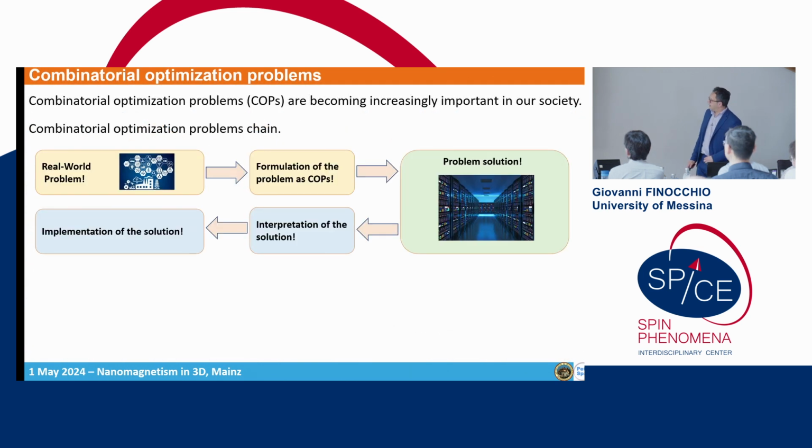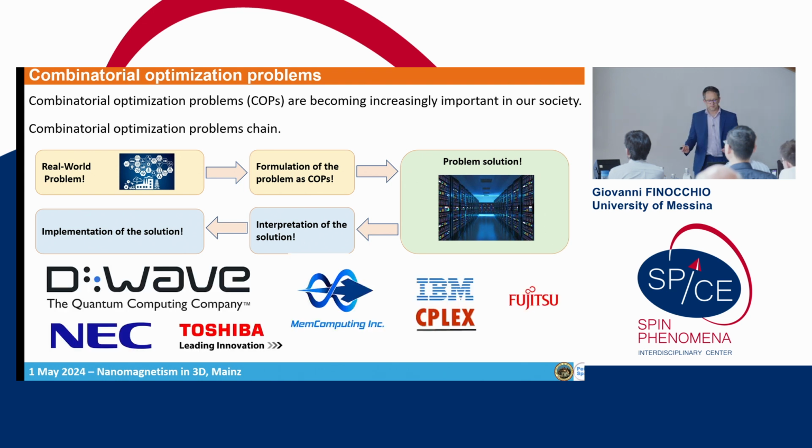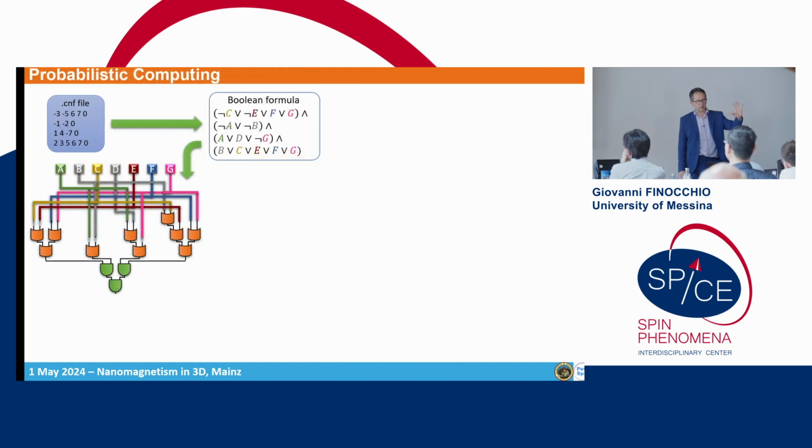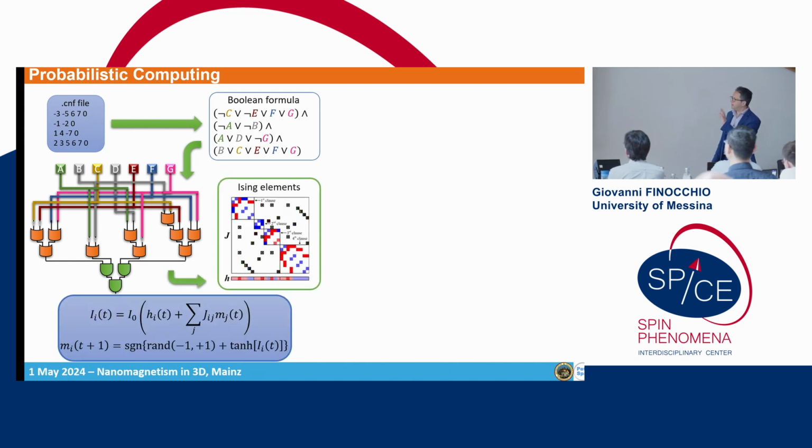And of course, this is the process to do that, and there is a lot of competition. If you want to go into this business, you have to compete with a lot of companies. So let me show you a very simple process for doing that. Let's say the MaxSAT problem is very useful for benchmarking your Ising machine. We know how to map this problem to the Ising model.